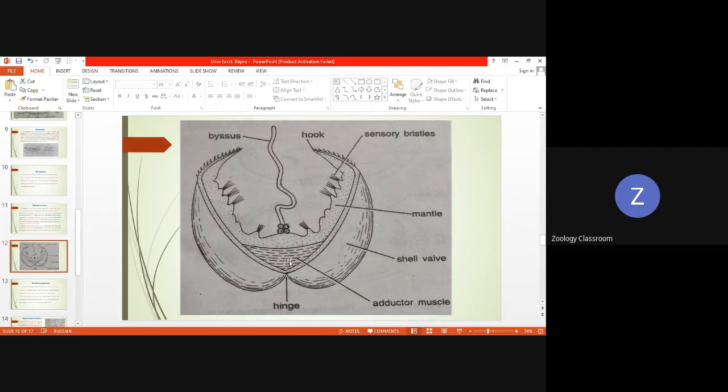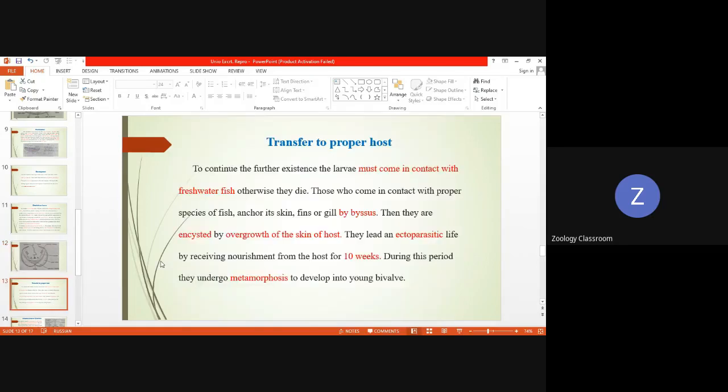Only one set of muscles is present, the adductor muscle. At the mid-ventral side, this is the glandular pouch, which secretes a thread-like secretion called byssus thread.